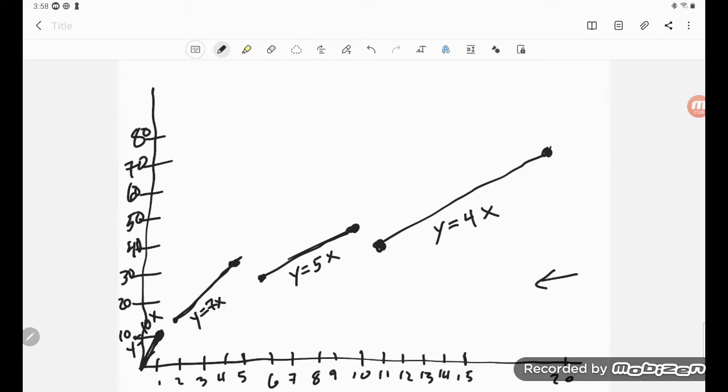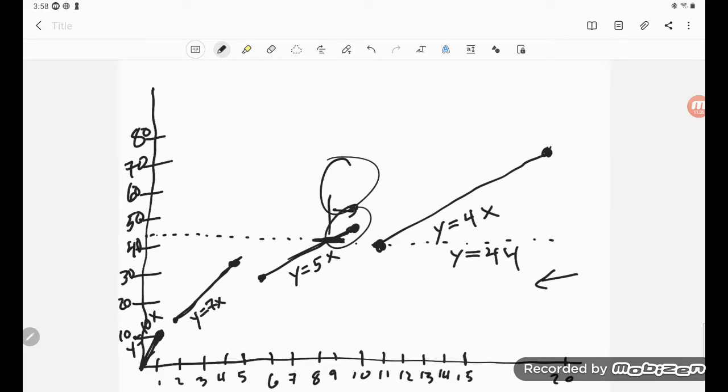If I draw y equals 44, 44 is about there. That will be this straight line coming across. That's supposed to be a horizontal line. And what I will see is that it cuts across right here. And so I never want to buy anything right in here, this stuff. I don't want to buy that because it would be cheaper to pay the $44.